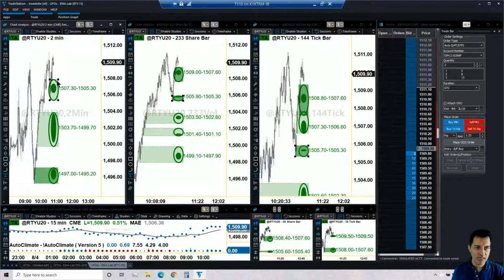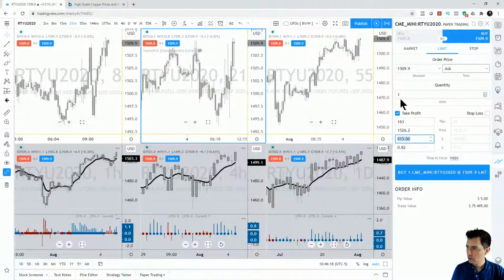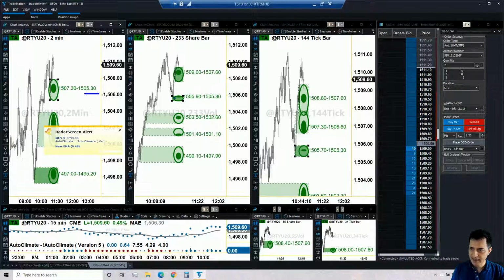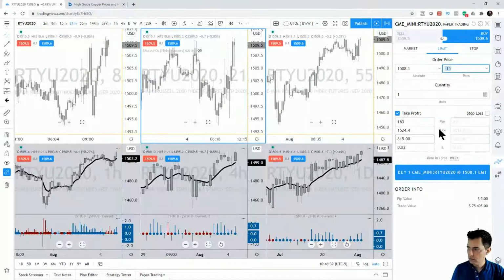Okay, so we're going to use that as an entry. 1507.90, that's going to be our entry. Our stop is going to be below 53, which is the same ending price for all those UFOs. We're going to go one tick below, so it's going to be 52, 1505.2.